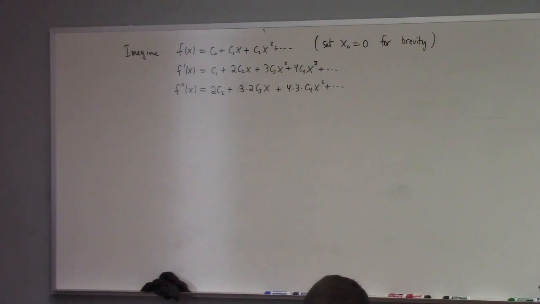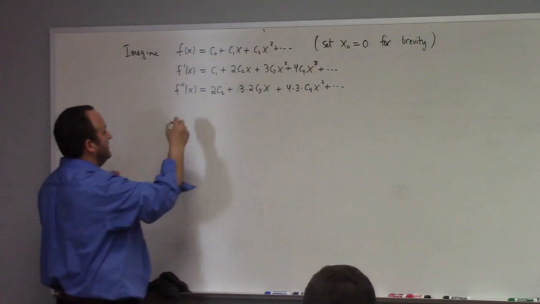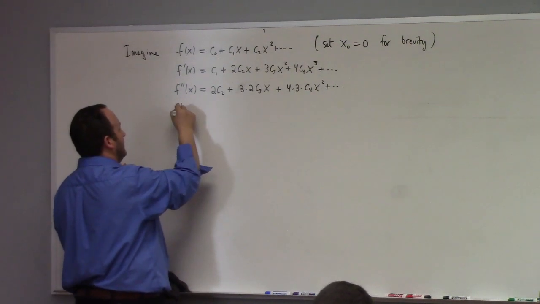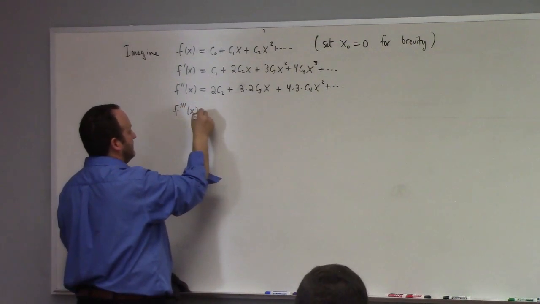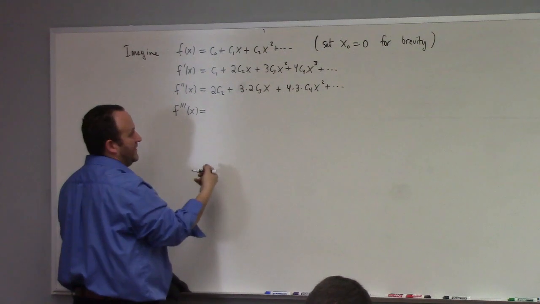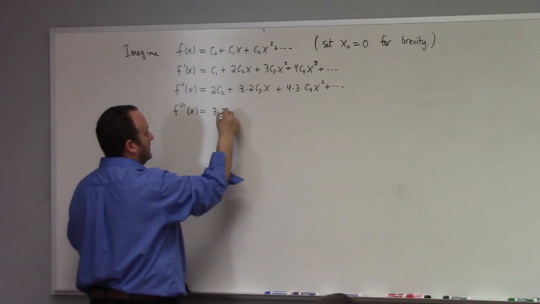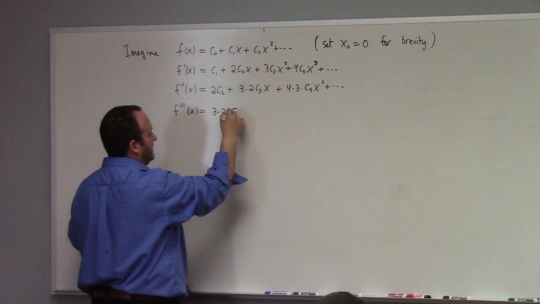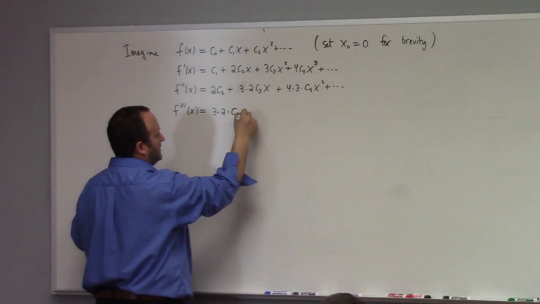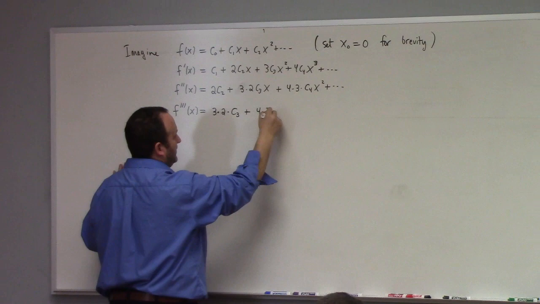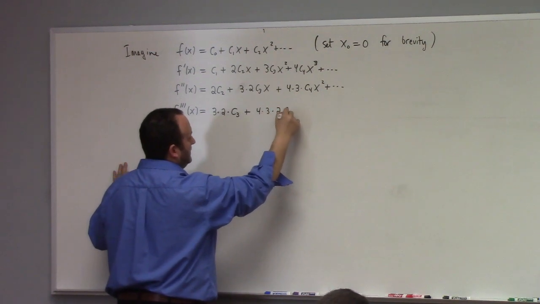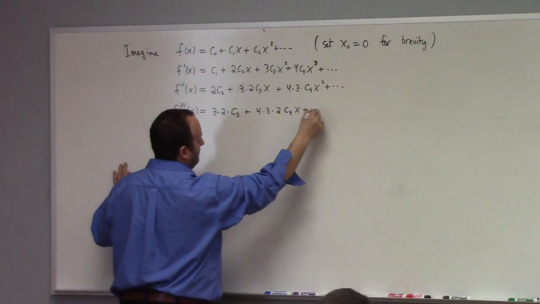And so what happens if I differentiate again? What's the third derivative? Well, the 2c2 goes away, and we're left with 3 times 2 times c3 plus 4 times 3 times 2 c4x.